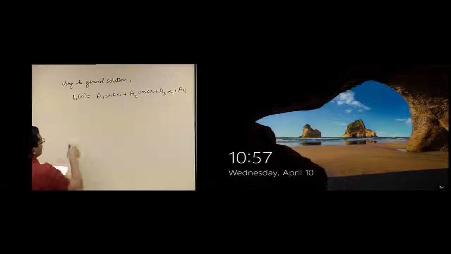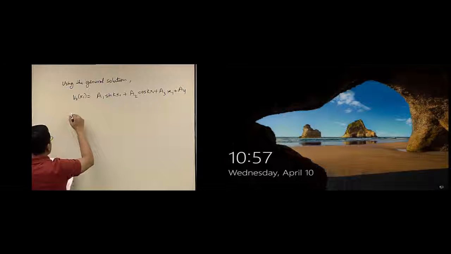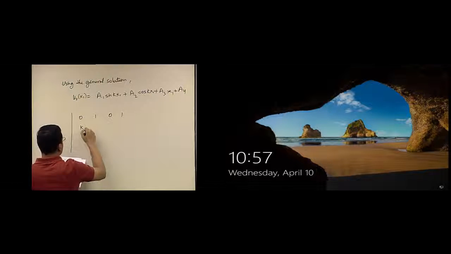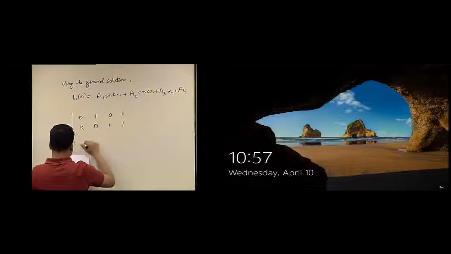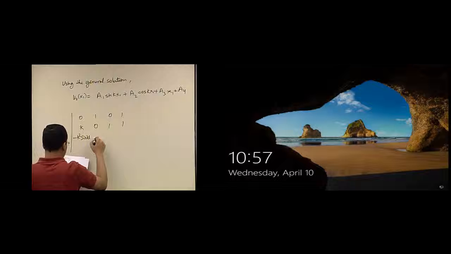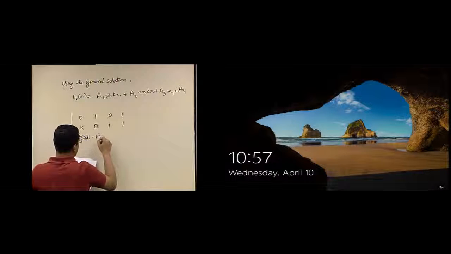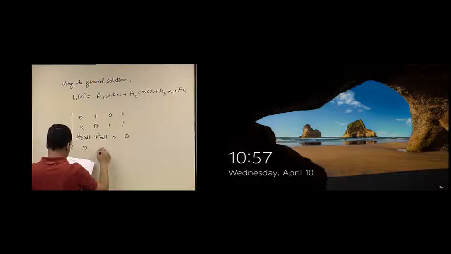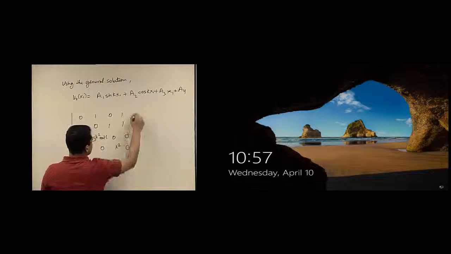When we apply the boundary conditions on this general solution, we get the matrix: 0, 1, 0, 1; k, 0, 1, 1; minus k square sine KL, minus k square cosine KL, 0, 0; 0, 0, k square, 0.